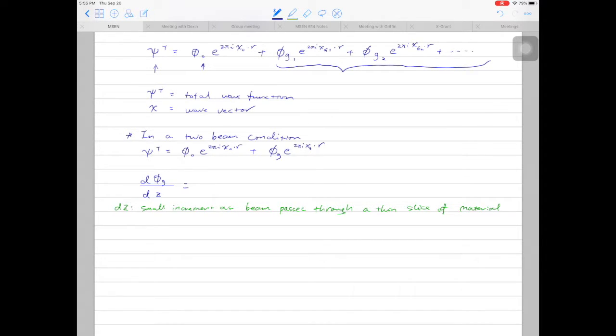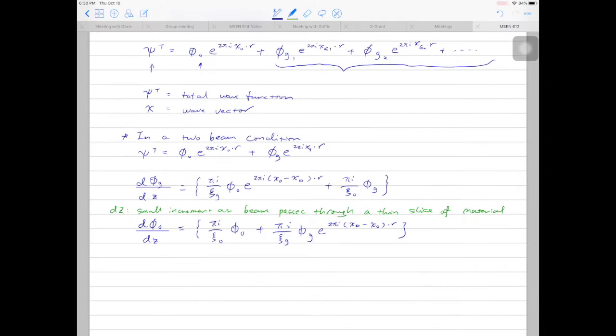For the diffracted beam, it is d phi g over dz, which can be written down as pi i over c g multiplied by phi naught e to the power 2 pi i (chi naught minus chi d) multiplied by r, plus pi i over c naught multiplied by phi g. And this is what we get for d phi naught over dz for the transmitted beam.